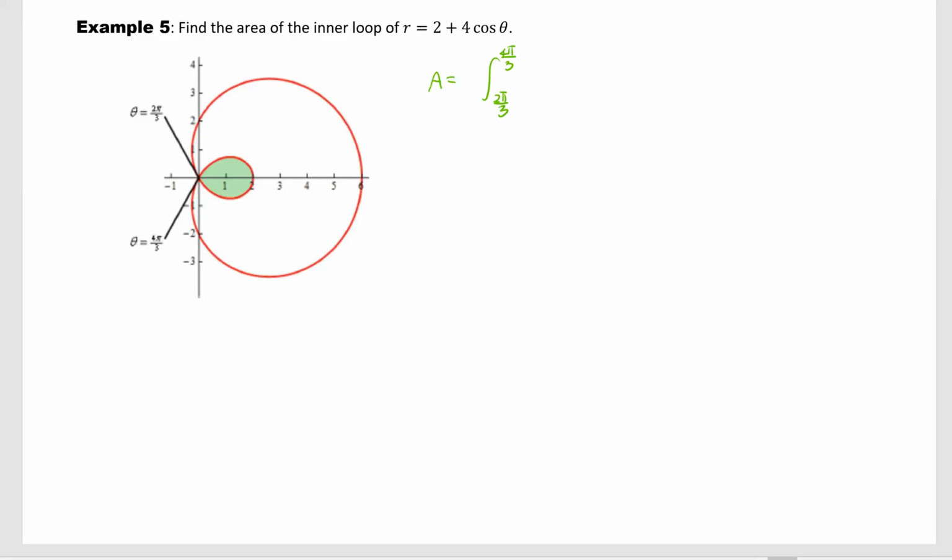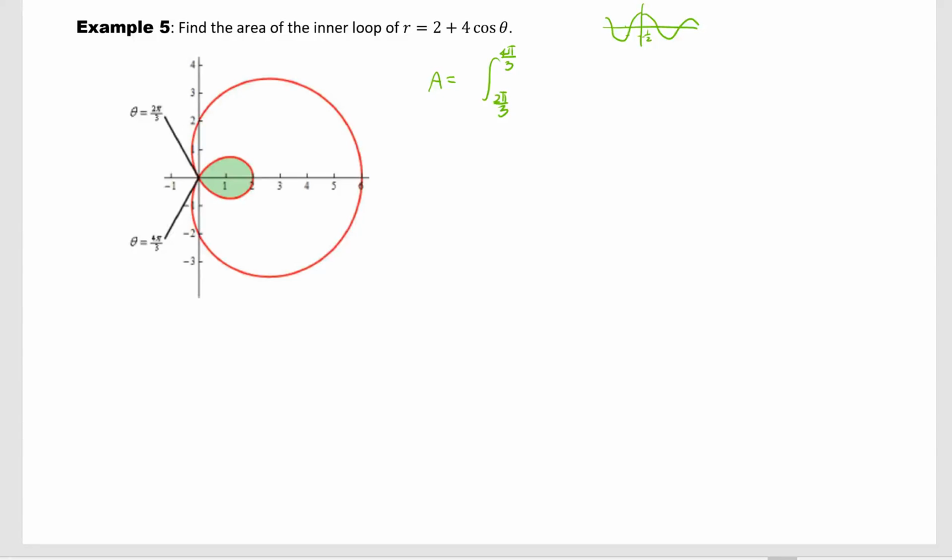So that means, by the way, when you plug in theta is 2 pi over 3, what's cosine 2 pi over 3? Cosine 2 pi over 3 is right here. So you get minus 1 half.